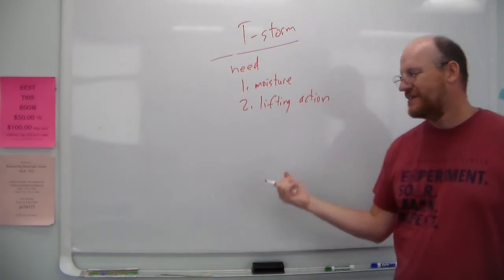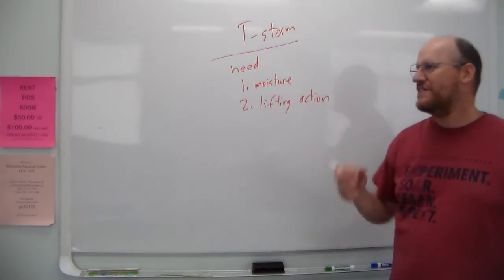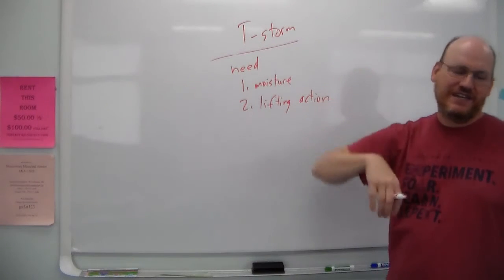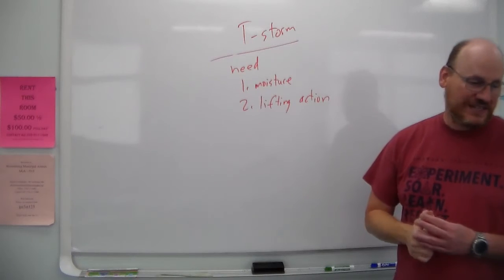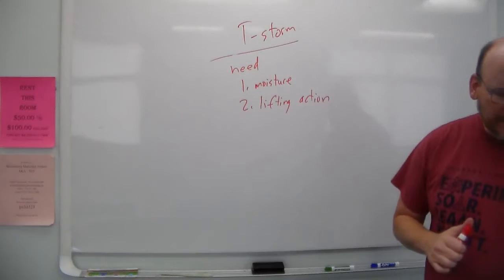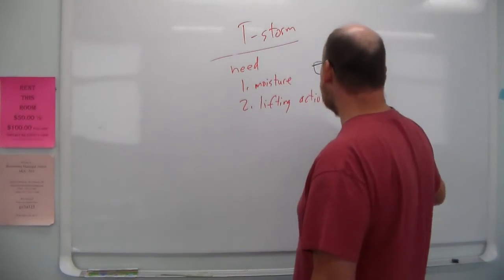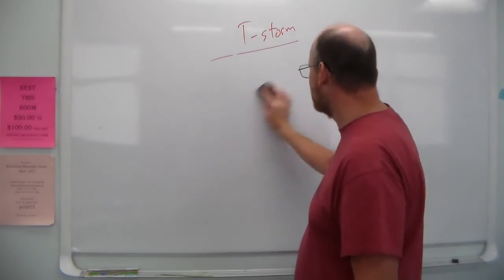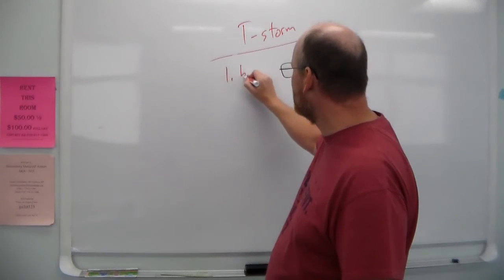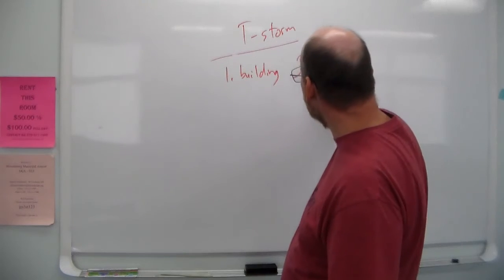We need something to drive things up into the atmosphere where things cool, we get these updrafts, and eventually we get downdrafts as well. Okay, so when I look at a thunderstorm, thunderstorms have different stages. We have the building stage.